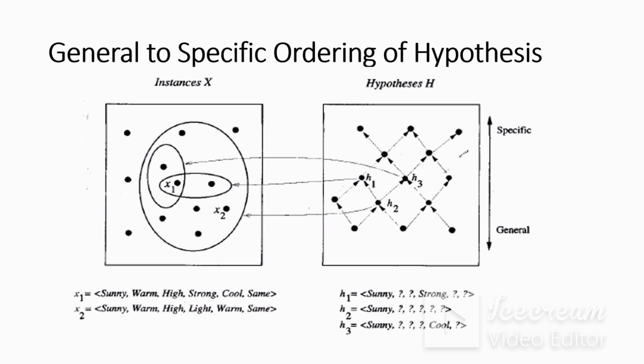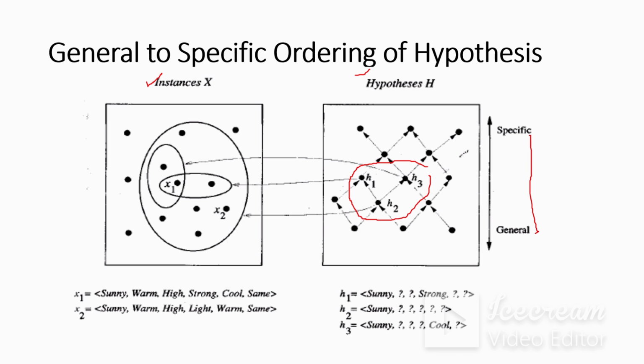Let us look at an example to understand the general to specific ordering better. Here we have two spaces, one is the instance space and the second one is the hypothesis space. In this hypothesis space, we see all the hypotheses from general to specific ordering. There are three hypotheses, namely H1, H2 and H3.